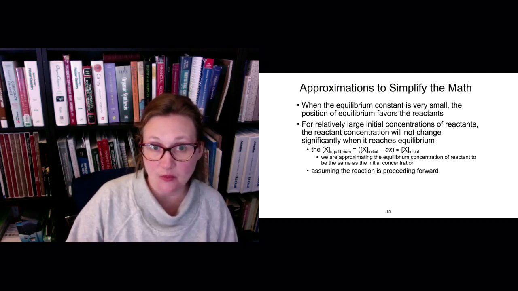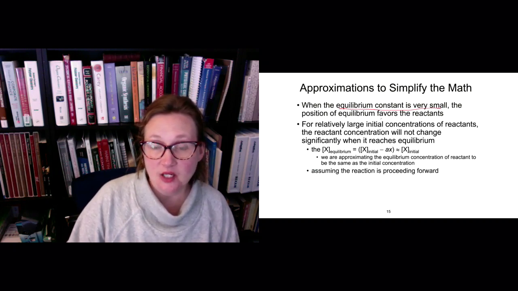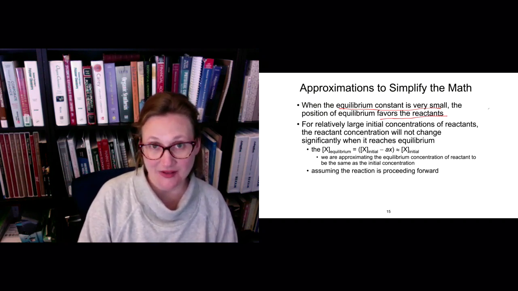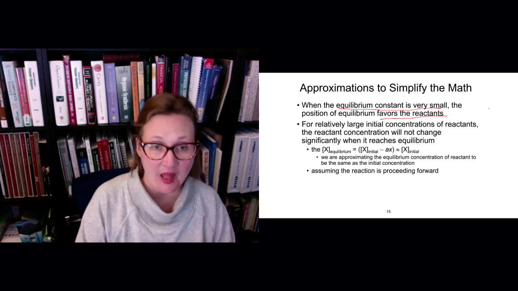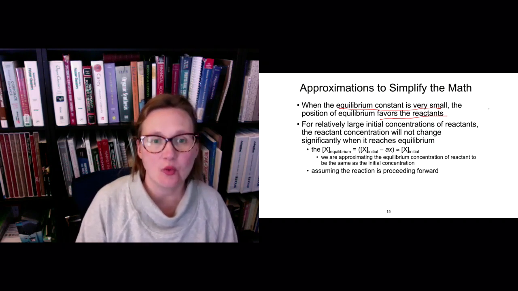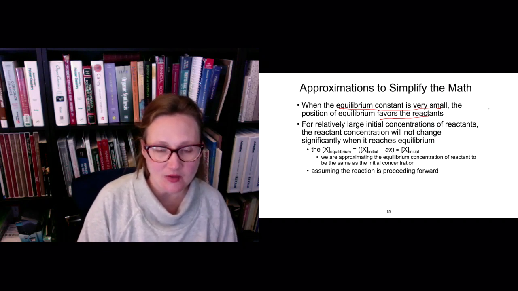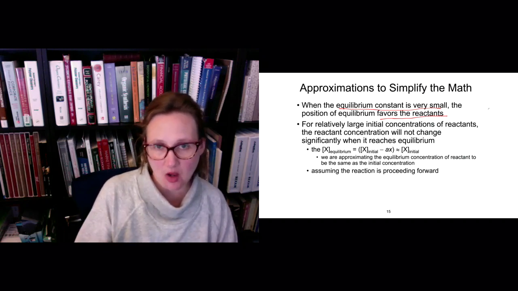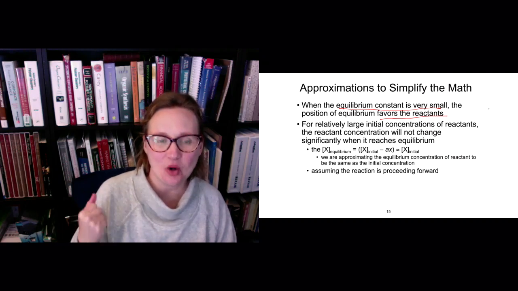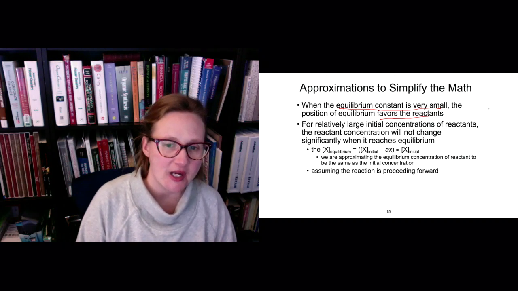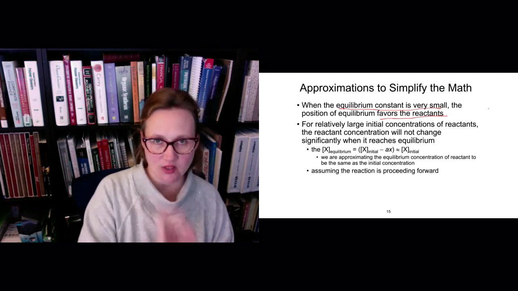So K less than 1, a really small equilibrium constant, we can simplify. Or for relatively large initial concentrations. Either a really small equilibrium constant or large concentrations, because they balance each other out. And here we're going to assume that the reaction is always moving forward.